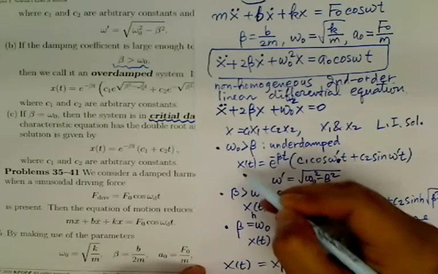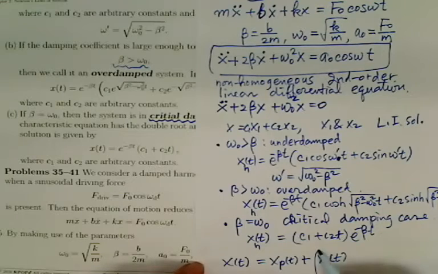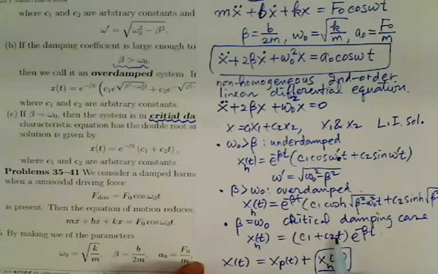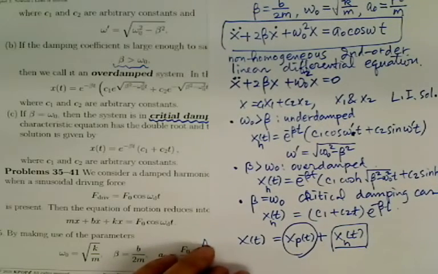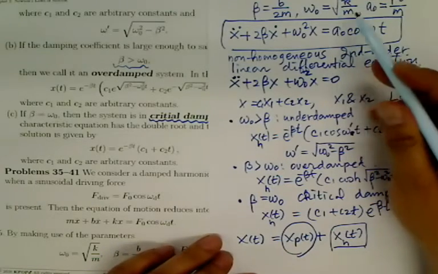Let me call this one h. x h of t are these three cases. But the problem is that we have to determine what the particular solution is. There are many ways to find the particular solution. First, we just make use of this right-hand side.